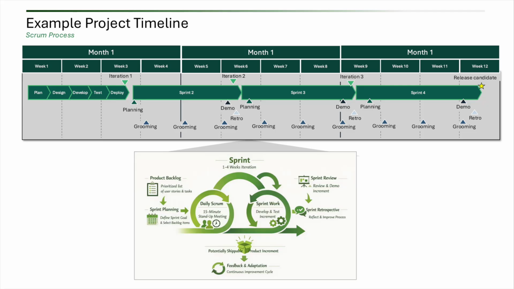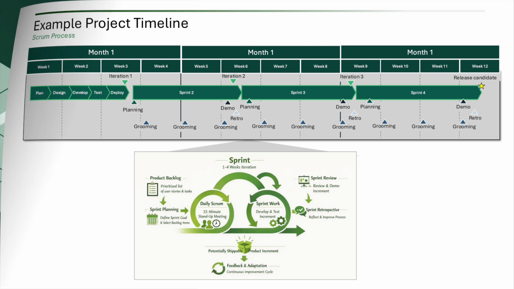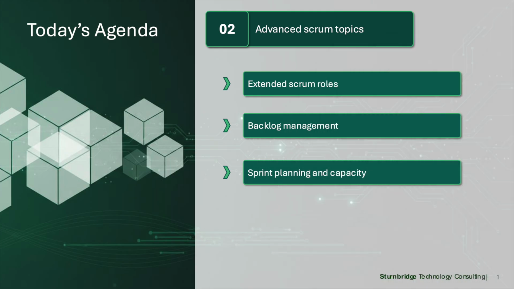That iterative rhythm is what makes Scrum powerful. It creates faster learning, greater transparency, and more flexibility when needs change. At the same time, that rhythm only works well when the team has the right roles in place, a healthy backlog, and a realistic approach to sprint commitment. That is where today's topics come in.